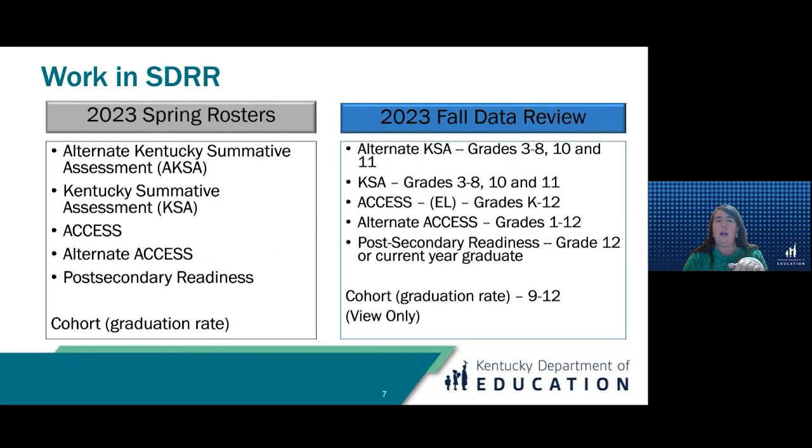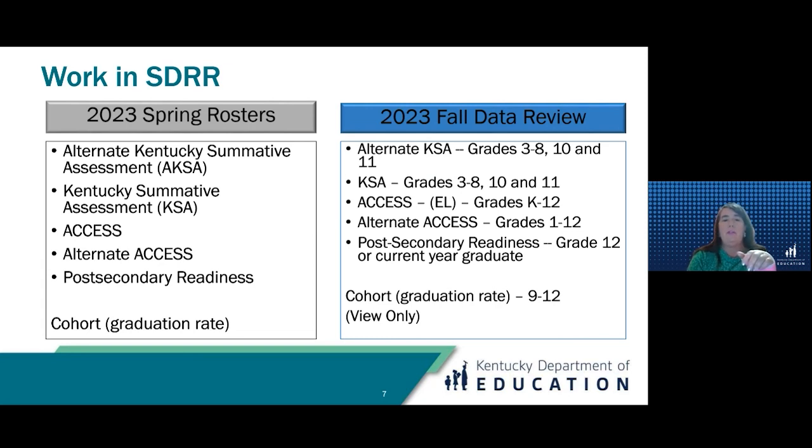Now, there are two functions when we get to SDRR. The first function of SDRR is always in the winter and the spring, and that's with our rosters. You'll notice that we've already gone through access and alternate access by the time we get to the spring rosters, but you'll see them one more time.